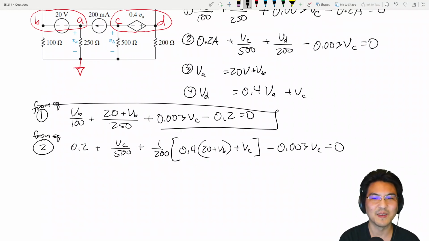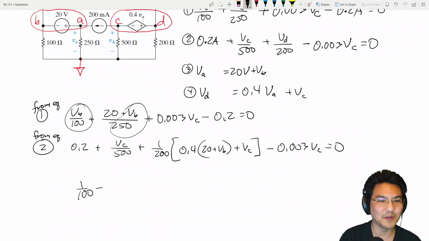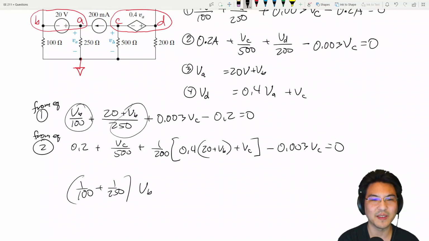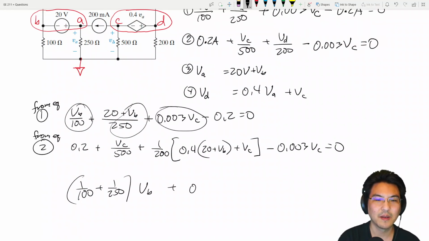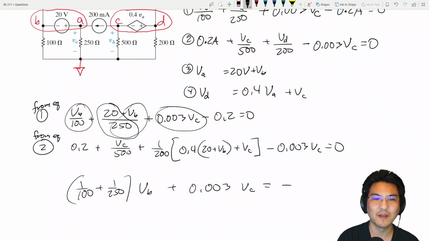Okay, so this first equation, let me just rewrite it. So for VB, we have 1 over 100 over here, and then 1 over 250. And that's it. So this VB, and then for VC, this 0.003. And then we have constants right here, 20 over 250, which I move on that side becomes negative 20 over 250.